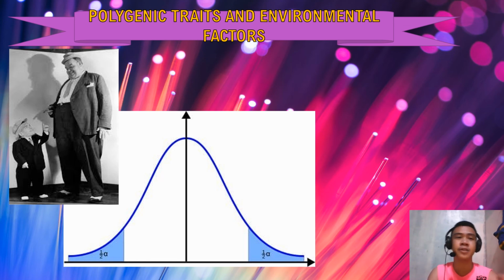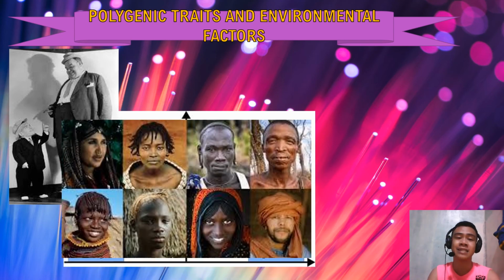The next example of a polygenic trait is skin color. In humans, skin color is influenced by many things, but the pigment melanin influences most of a person's phenotype. In general, the more melanin a person has, the darker their skin is. Albino people, for example, produce no melanin at all. The body creates more melanin to protect against the sun's ultraviolet rays, which is why skin darkens after prolonged sun exposure.